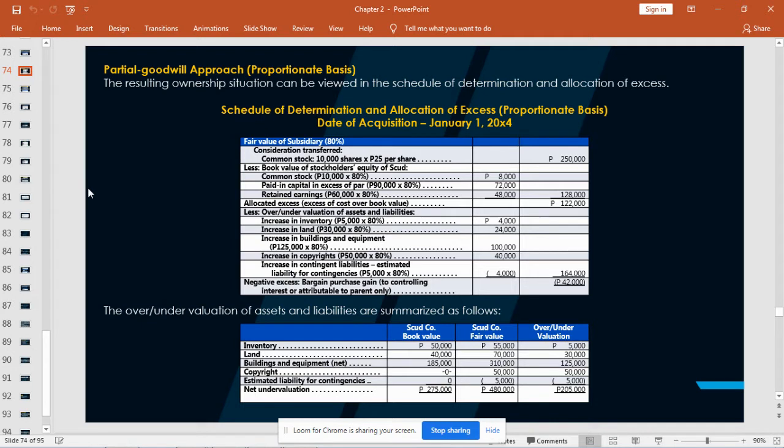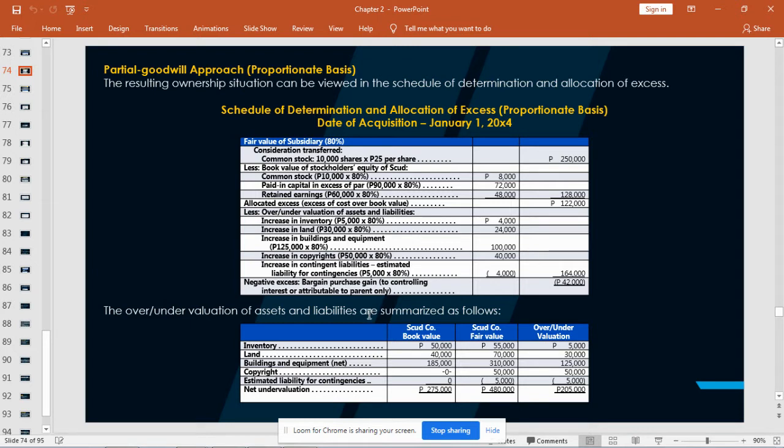So, schedule of determination and allocation of excess as of date of acquisition. Yung ating consideration transferred would be 250,000. That is 10,000 shares of our parent company times its fair value of 25 pesos per share.